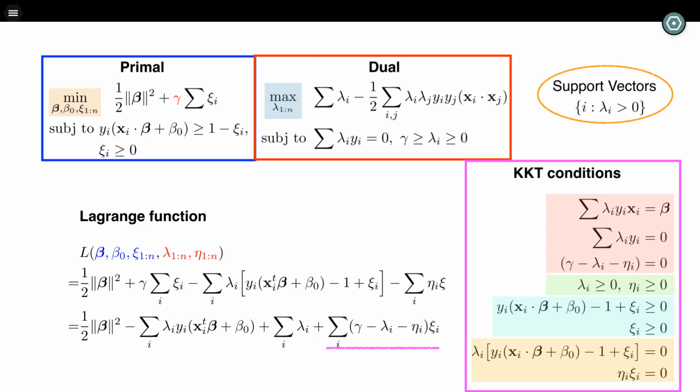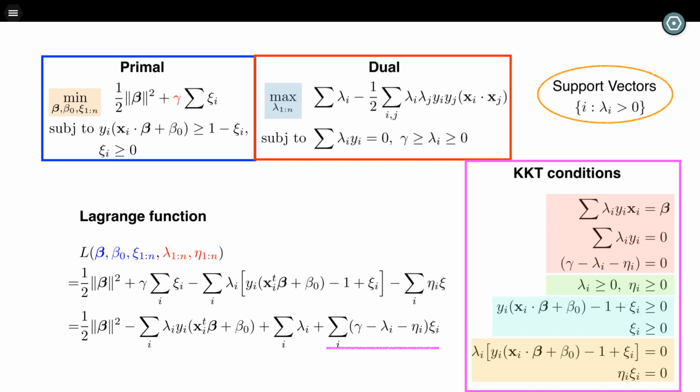Now you also have the additional psi i's as arguments from the primal. You take the derivative with respect to psi i, set it to 0, and you get this term to be 0. So the whole term is off, okay? So your first 3 equalities are basically the derivatives of your Lagrangian function with respect to each of the blue symbols. And then the remaining ones: your Lagrange multipliers must be non-negative, lambda i bigger than 0, eta i bigger than 0. And your constraints must be satisfied, just restated.